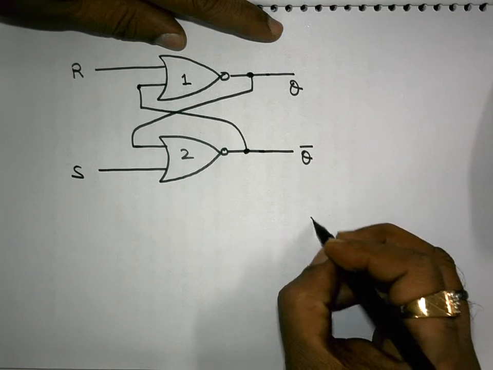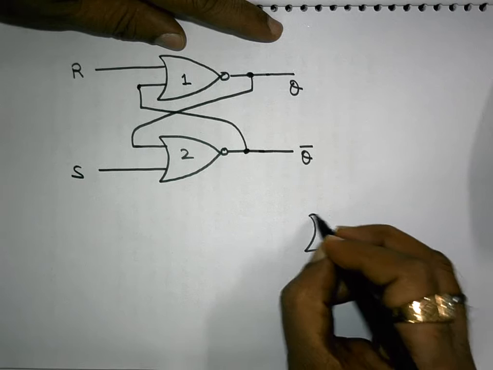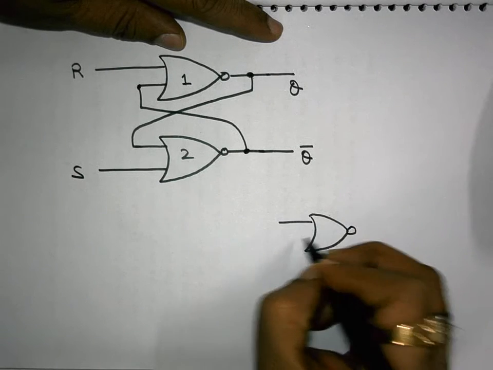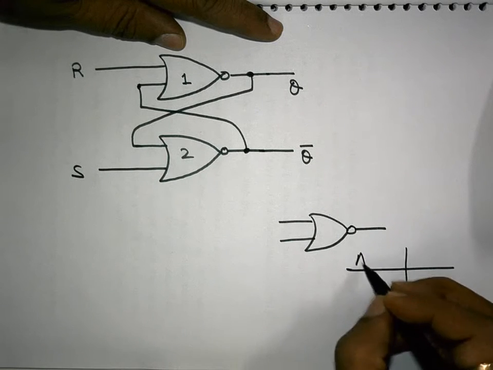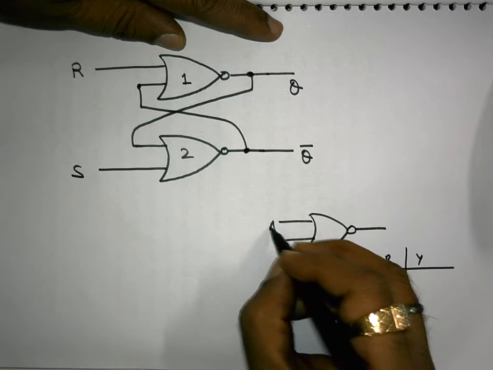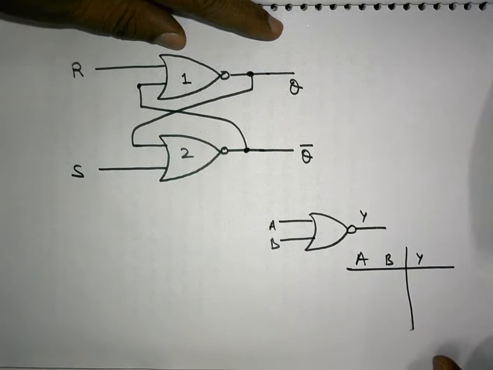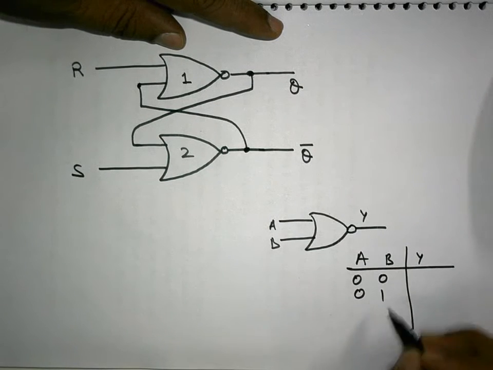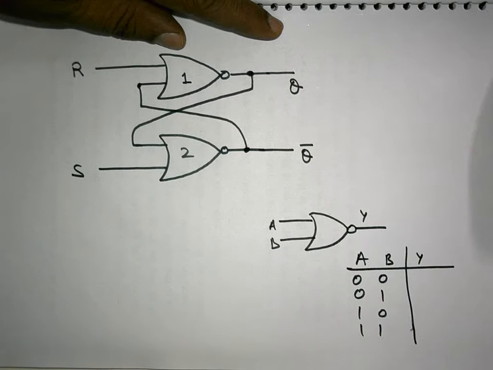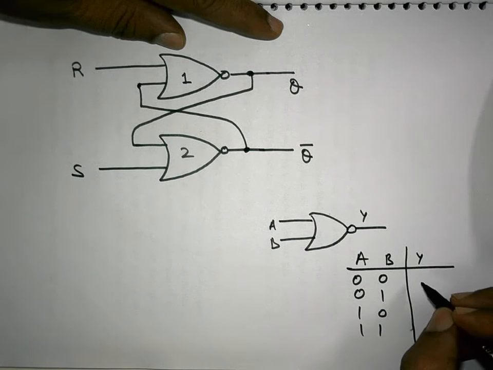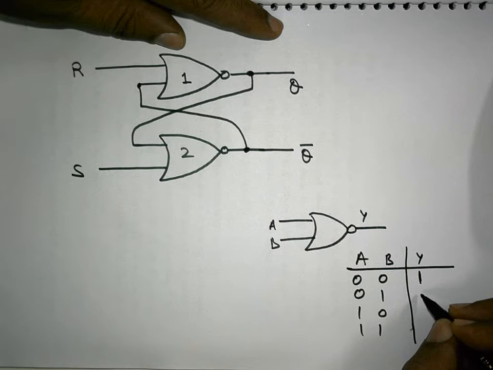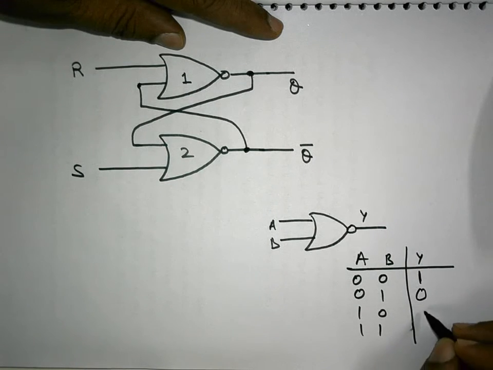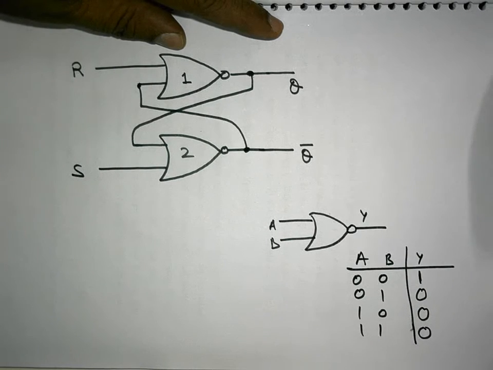Now, if you thoroughly see the truth table of a 2 input NOR gate, suppose the inputs are A, B and output is Y. These are the possible combinations of input. What happens if input is 0, 0? Output is 1. What happens if input is 0, 1? Output is 0. In this situation, 0. In this situation, 0.